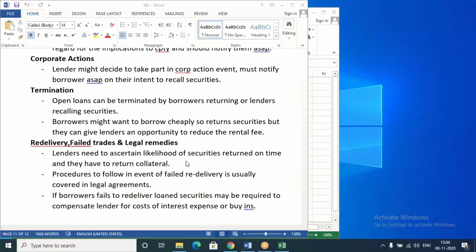What are buy-ins? Fail to deliver. Piyush, I can't hear you unless you're saying something or talking to someone else. Sorry, ma'am, I was just reading a sentence. Okay. What is a buy-in, guys? Again, this should have been covered in your settlements class. Is this covered?